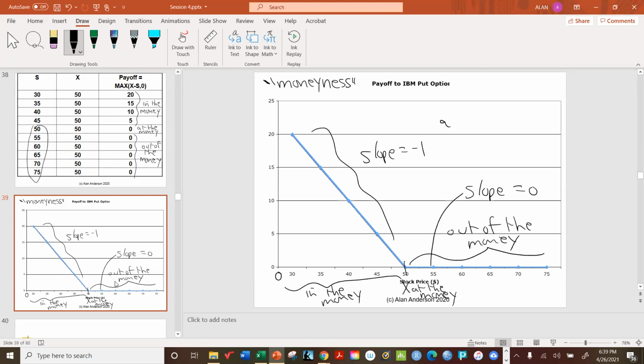So in other words, as the stock price falls by $1, the put price, or I should say the payoff, rises by $1. So it's a 1-to-1 relationship. They're going in opposite directions. So the slope is therefore -1 instead of +1.